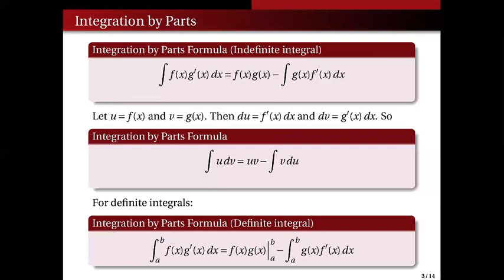Now, I'm going to tell you another hint in choosing your u and your dv. We call this LIATE. So what is this? You have L, I, A, T, E. L stands for logarithms.